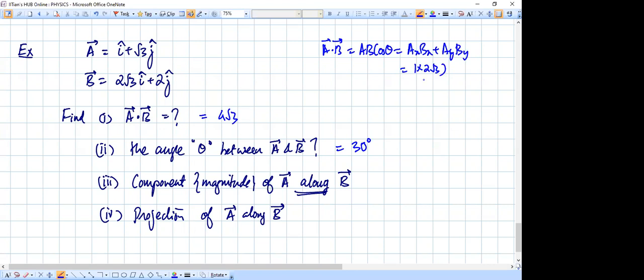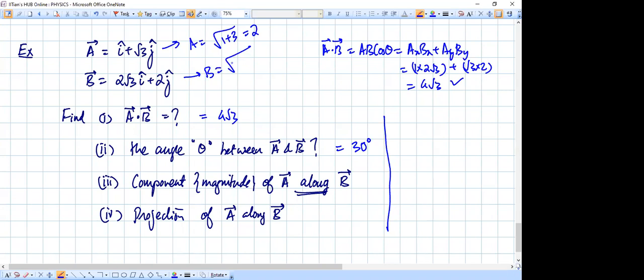Now, how do we get theta from this? From here, you can see magnitude of A is square root of 1 plus 3, or 2, and magnitude of B is square root of this.